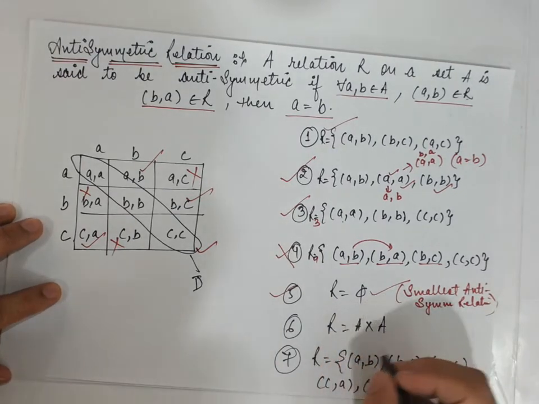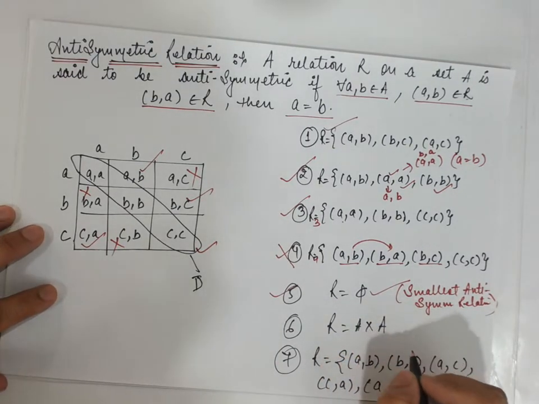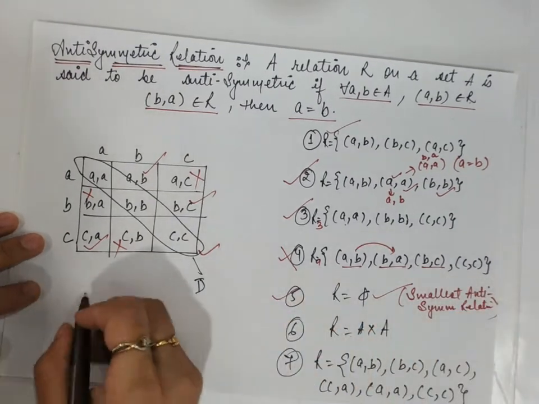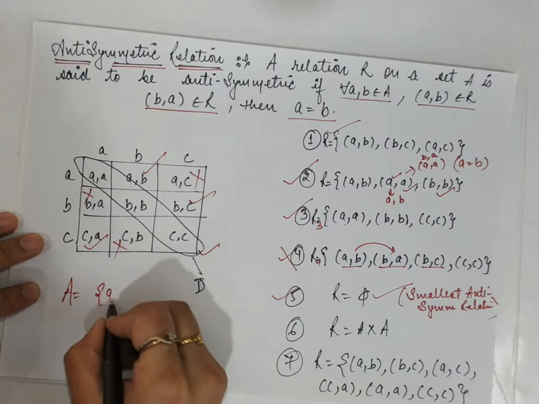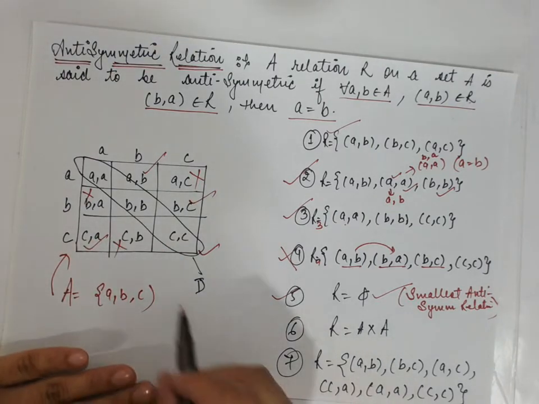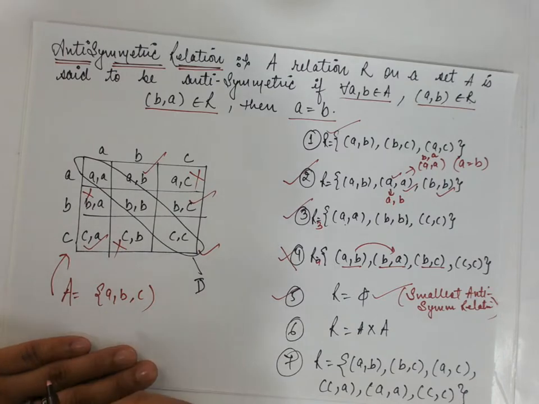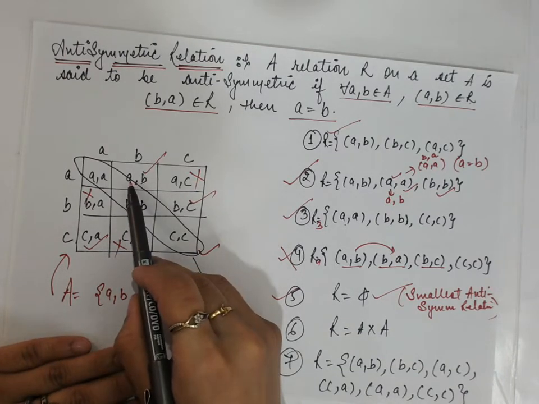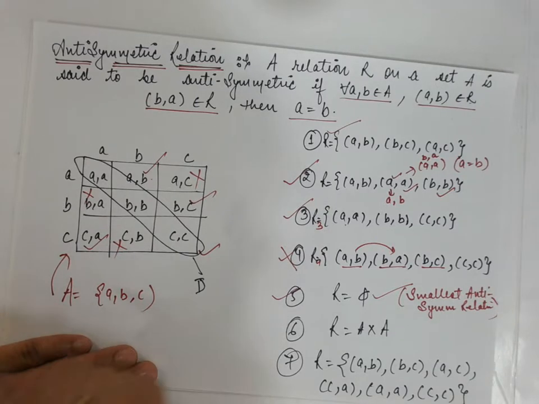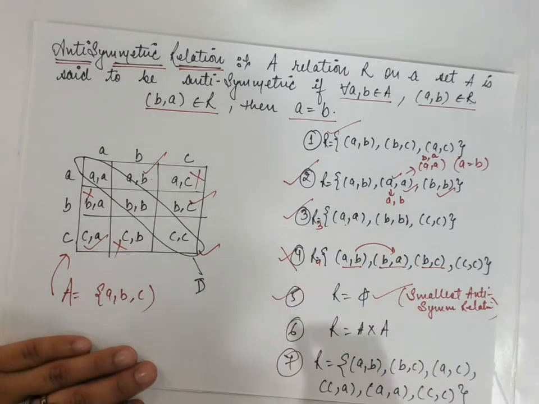Now check for R is equal to A cross A. A cross A says Cartesian product of a given set. A is {A, B, C} and the Cartesian product is this matrix, and in this matrix all the pairs exist. (A, B) exists, then (B, A) also exists, and antisymmetric does not allow the symmetric relation.